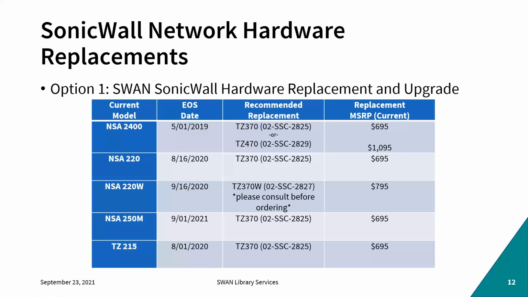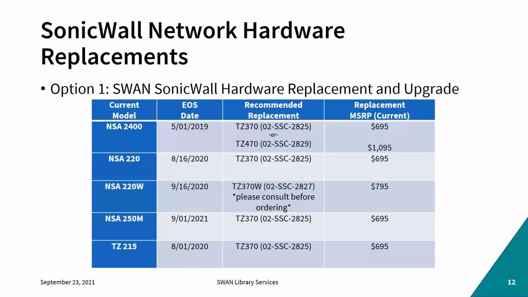So the next thing I want to talk about is Sonic Wall network hardware replacements. And the first and most important thing is these Sonic Wall network hardware replacements are primarily for those libraries that SWAN is still maintaining. So if you do not have a self-maintainer agreement, if you are running hardware that was provided by SWAN and your library staff are not managing that hardware, then this would apply to you.